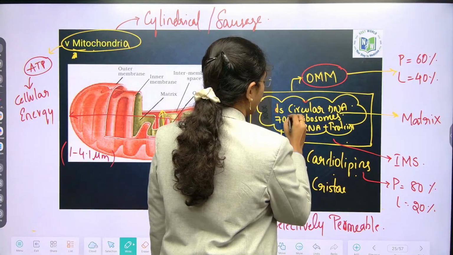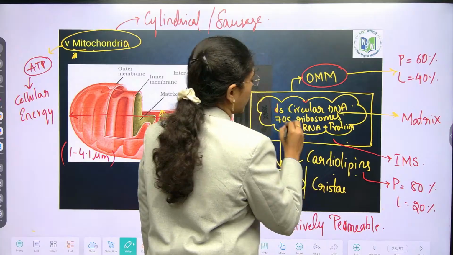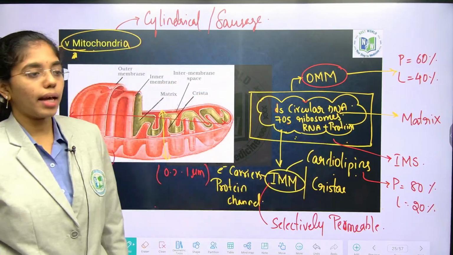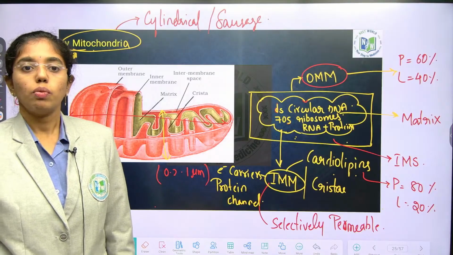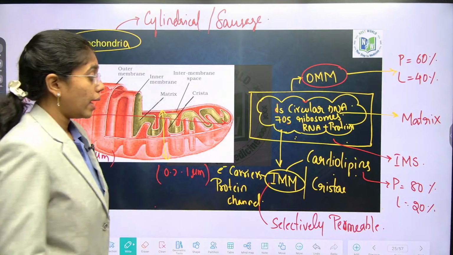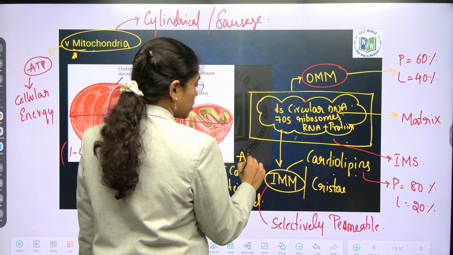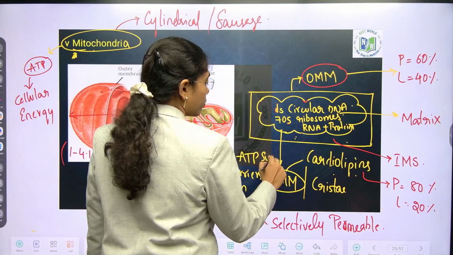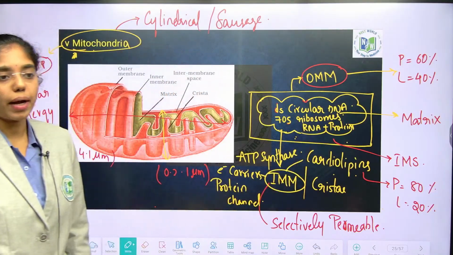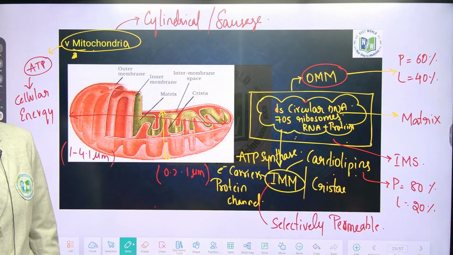Okay. 70S ribosomes, RNA, proteins, double stranded circular DNA, they are present in the mitochondrial matrix. Whichever electron carriers, protein channels, ATP synthase complexes, they are present in the inner mitochondrial membrane. Fine.